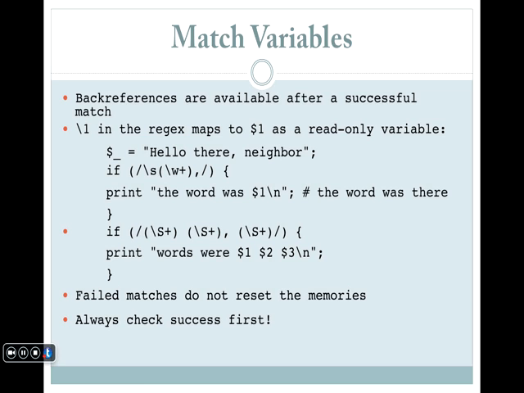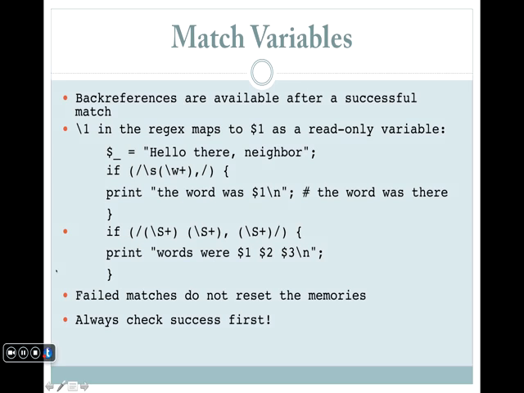Then a space will match the space, then another word, there, which goes into the variable $2. Then a comma will match the comma, a space will match the space, and the third word, neighbor, will be in the third place, saved in $3. So when I print this sentence, we'll be able to print it all.